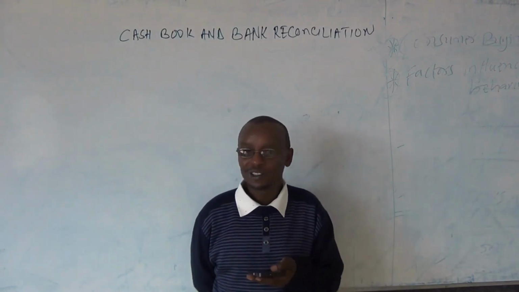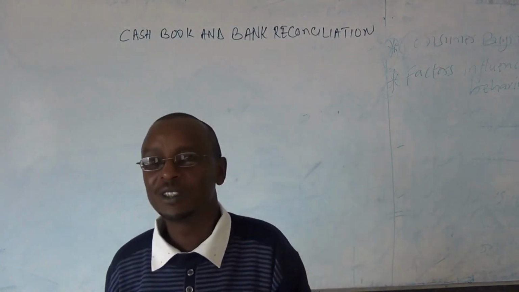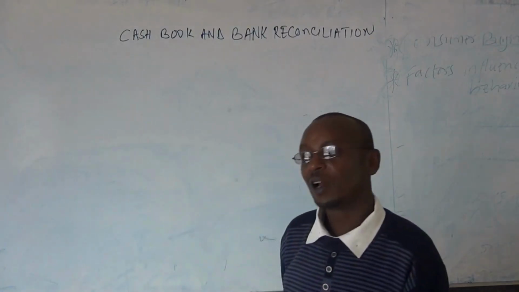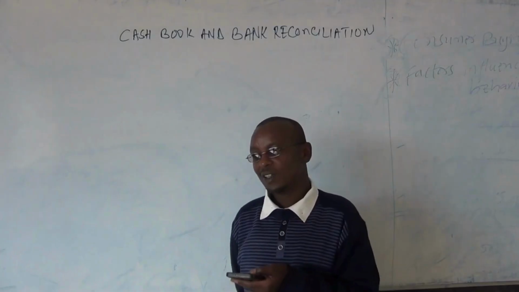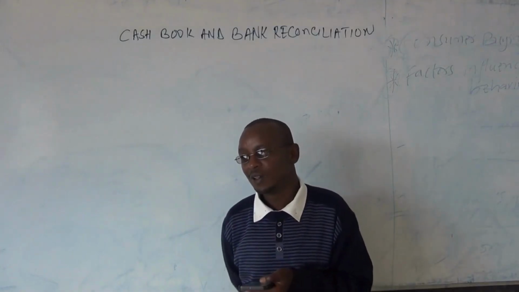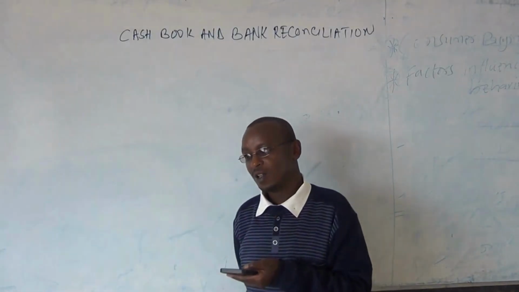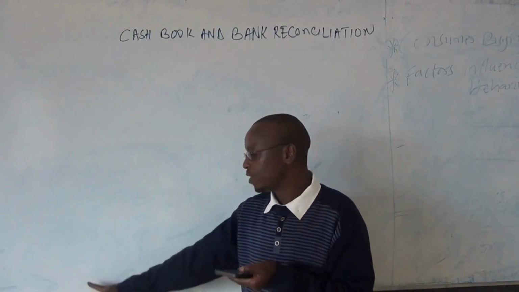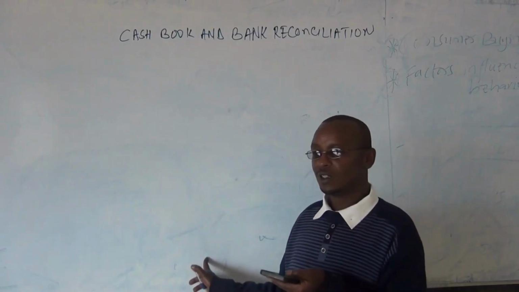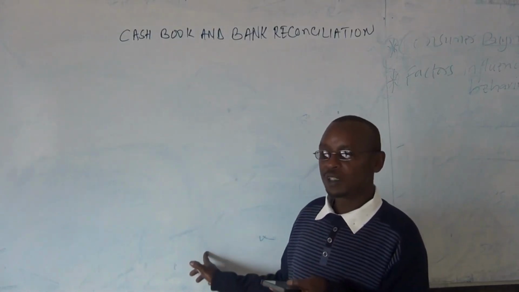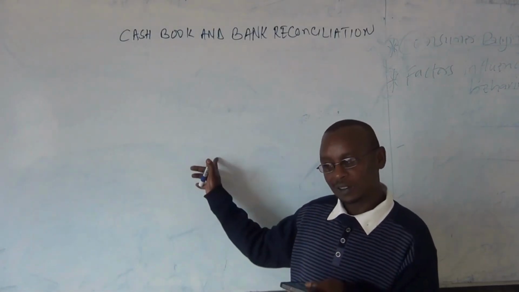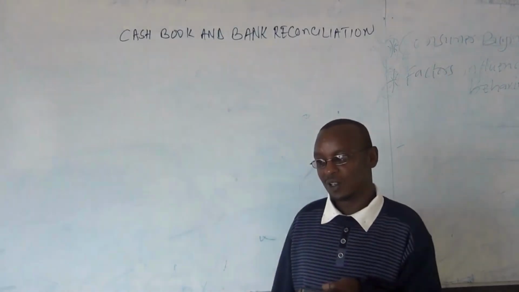At the same time, the bank, when they receive that check, will record it. Then at a given time, they will give you the statement, the bank statement. This bank statement will have the final balance there. That balance should be the same as your cash book balance. Isn't it? Because it's the same thing.